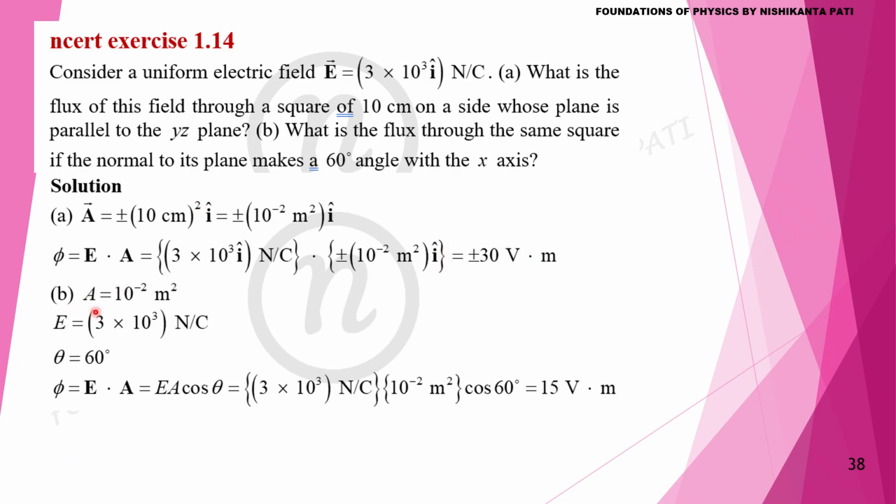In the second case, the area vector magnitude, or the scalar area, and E are given, theta is given, so flux is EA cos theta. So the magnitude of electric field times the magnitude of area vector, or the scalar area, times cos 60 degrees. So this is the answer.